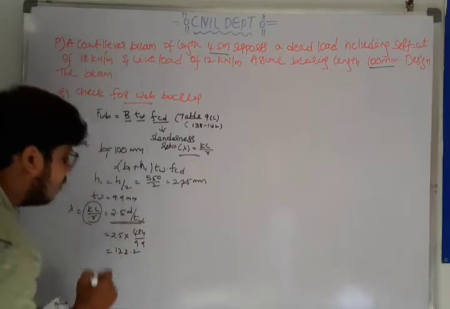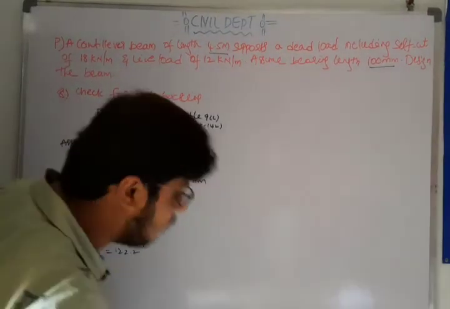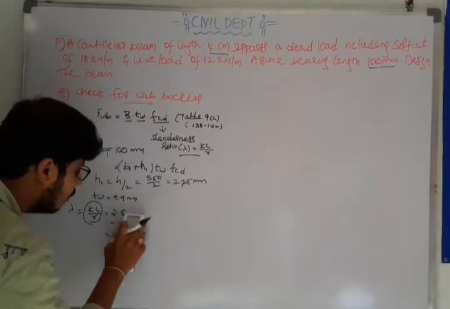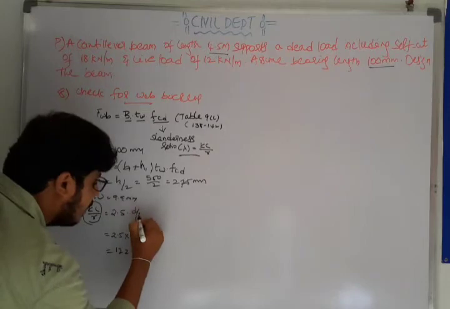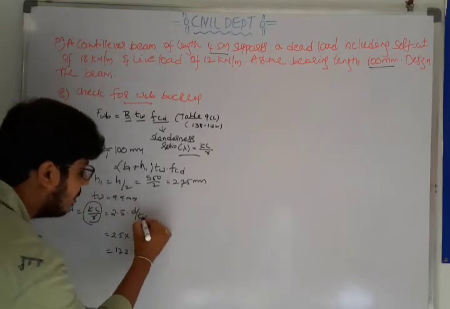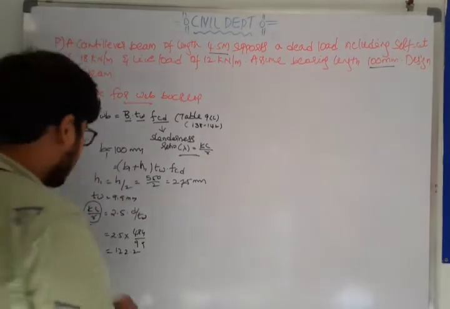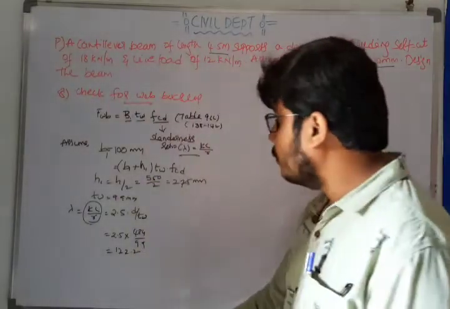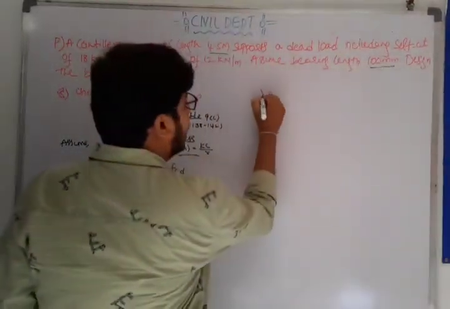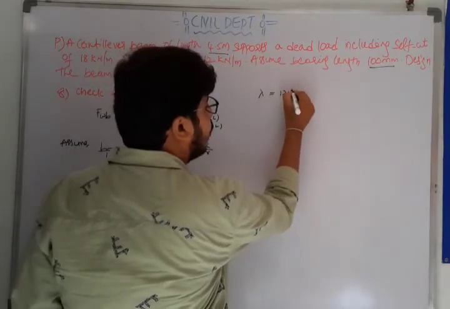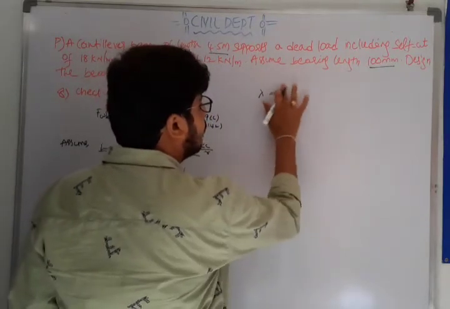So remember this formula to solve lambda: 2.5 into D by TW. So we know the value of lambda as 122.2.